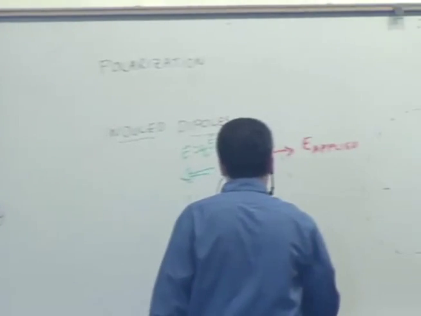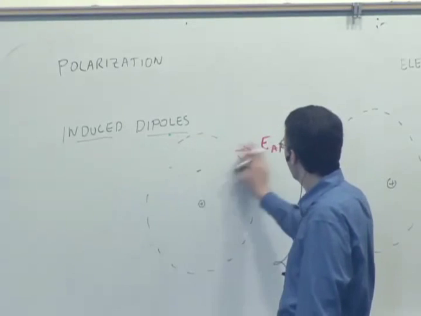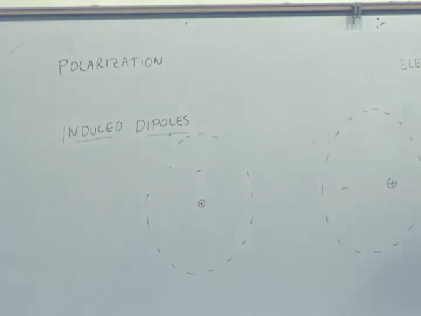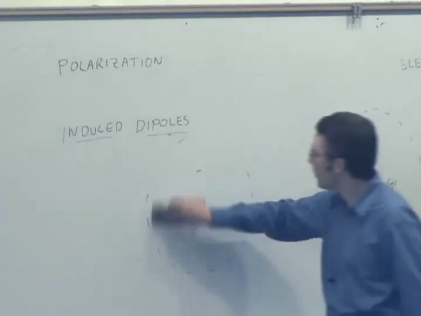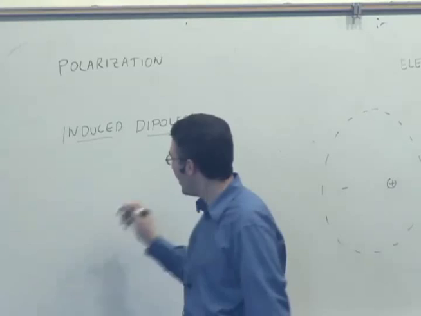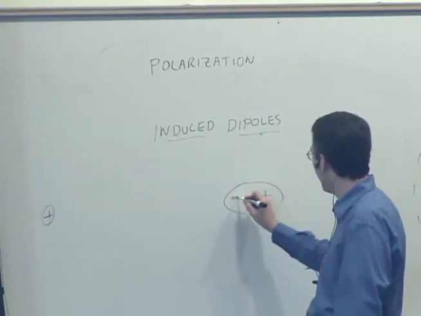Essentially, if we have this positive charge here that is creating a dipole moment, then we can think about the dipole itself, this induced dipole, and let me now draw it in this schematic form that we're going to use. Here's our positive charge. Here's the induced dipole, which is now negative on one end and positive on the other.